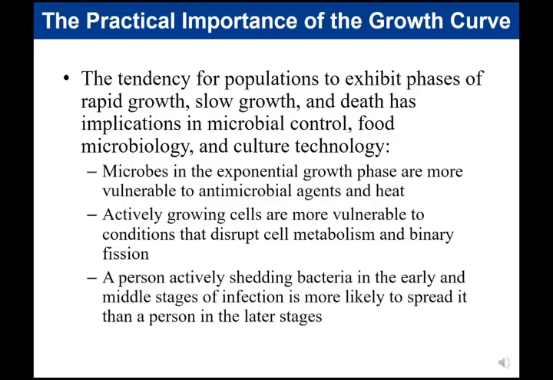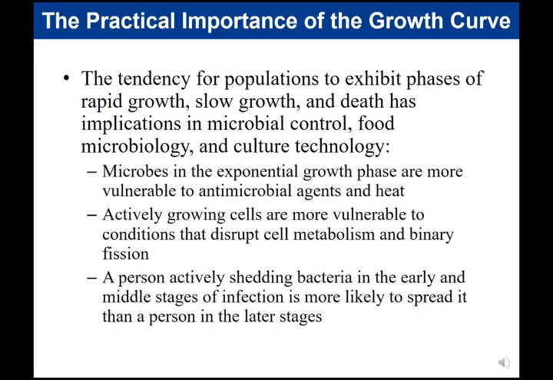Microbes in the exponential growth phase are more vulnerable to antimicrobial agents and heat, meaning bacteria are more likely to be killed if they're in their fastest phase of growth. Actively growing cells are more vulnerable to conditions that disrupt the cell membrane and binary fission.